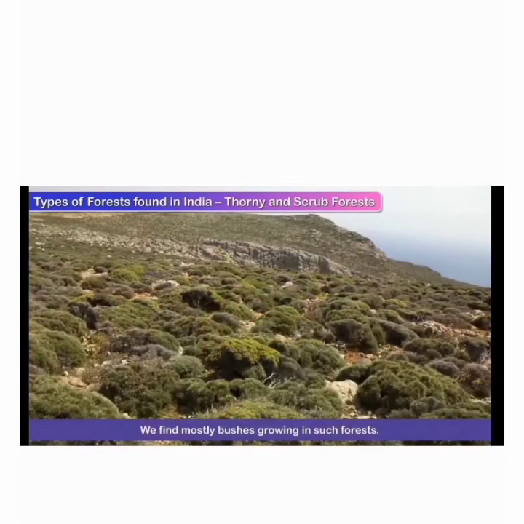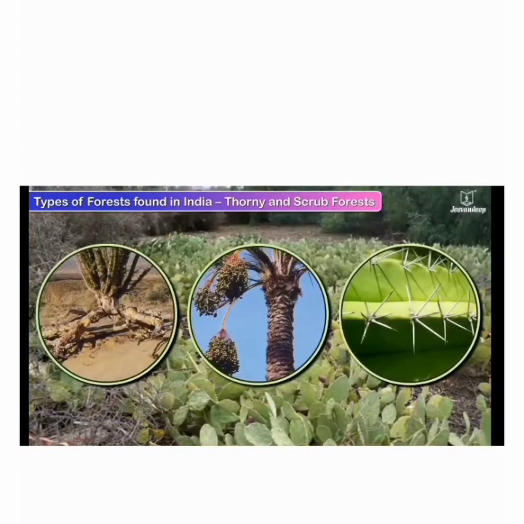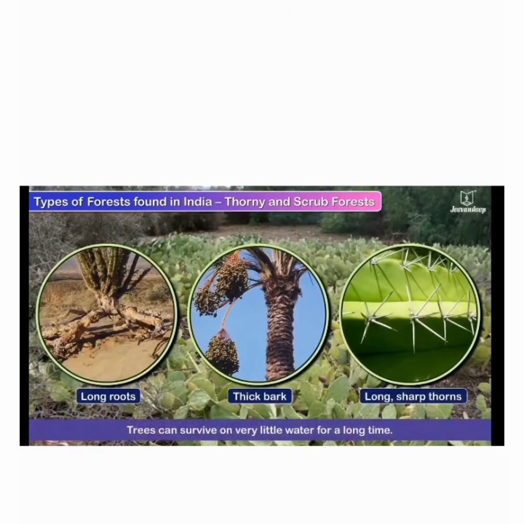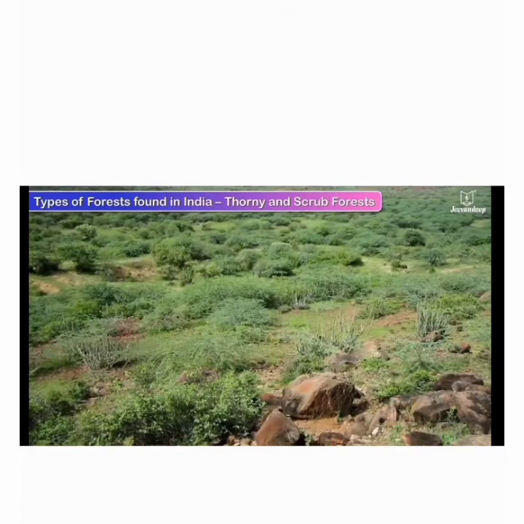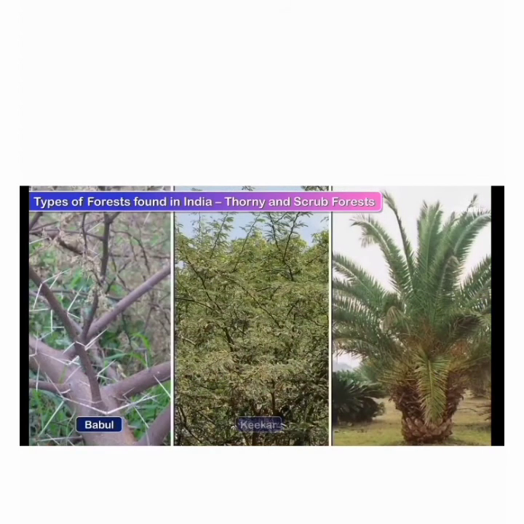You can find bushes with long roots, thick bark and long sharp thorns, so the trees can survive with little water for a long time. This forest has trees like babul, kikar and date palm.